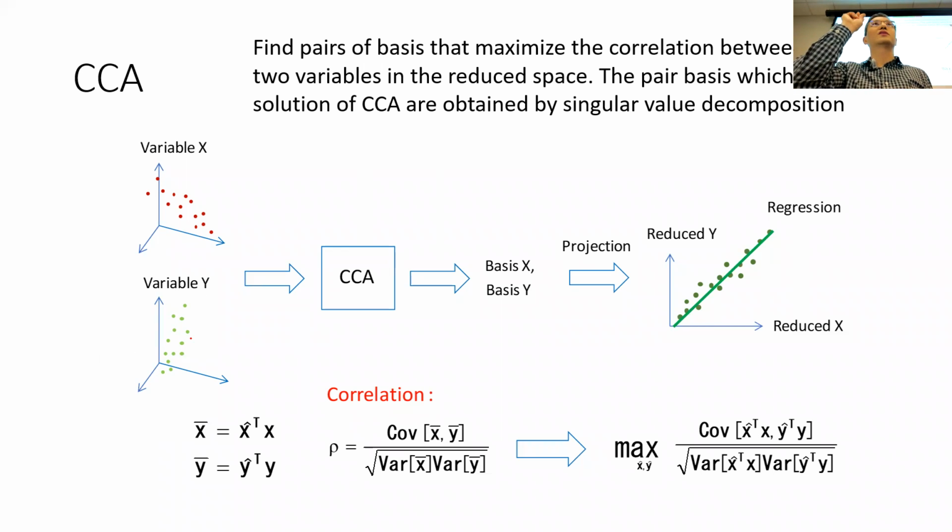CCA will find two rotation matrices, one for data set one, one for data set two. In PCA, we just care about one data set and look at the rotation afterwards. You have a more spread out of the data, so your projection for PC is the largest compared to any other rotation matrices you can get.